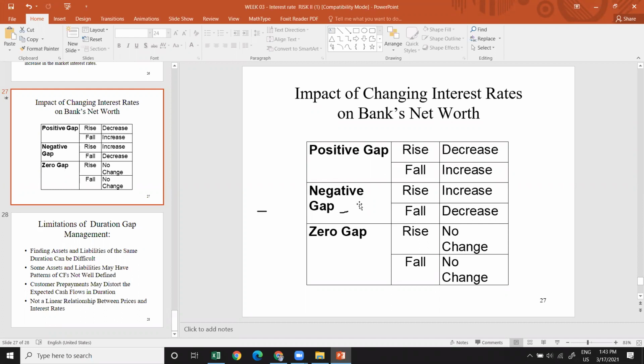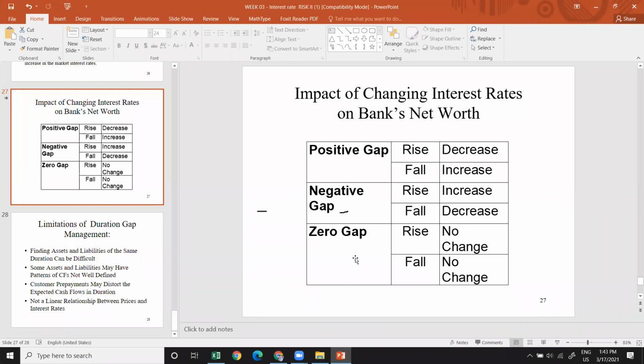It's not the repricing gap. It's the duration gap, okay? I'm talking about the duration gap. With a negative gap, a rise in the interest rate will increase net worth, and when interest rates fall, it will reduce the net worth.